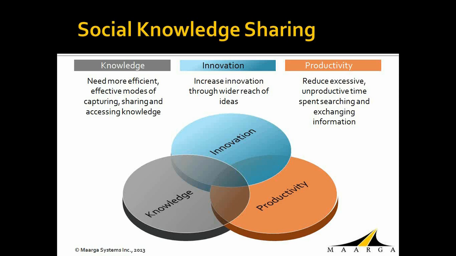And what this does is help create value, because internal barriers, they could be geographical, they could be physical, can be destroyed by creating an electronic mode of social knowledge sharing, and that helps.